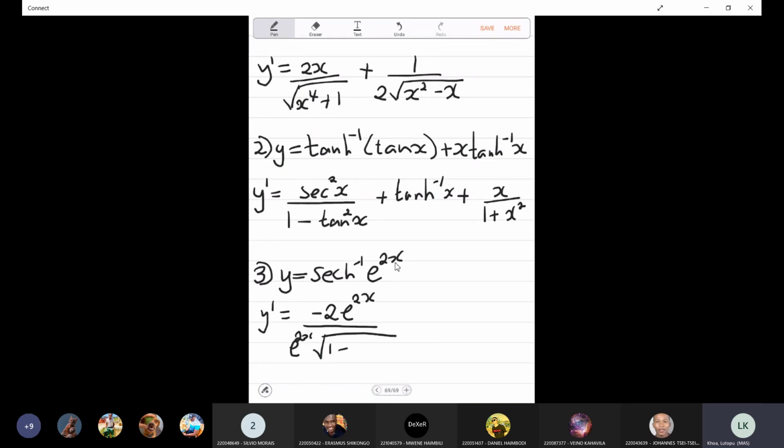So we have 1 minus e to the power of 4x. And this is just negative 2 over the square root of 1 minus e to the power of 4x. So you can cancel the e to the power of x there and the e to the power of x in the denominator over there.